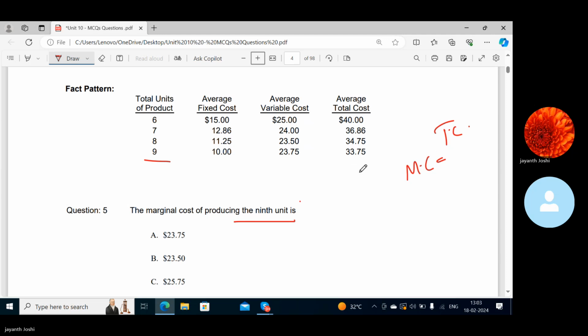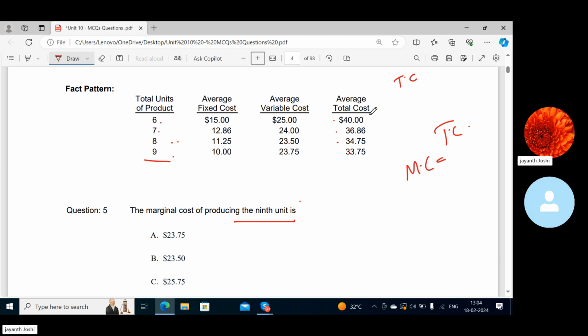So how can we get the total cost? You have to multiply the number of units with the average total cost. You'll get total cost. Can you find that out? Yes. The total number of units into average total cost.